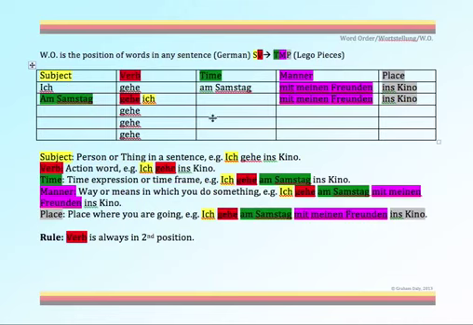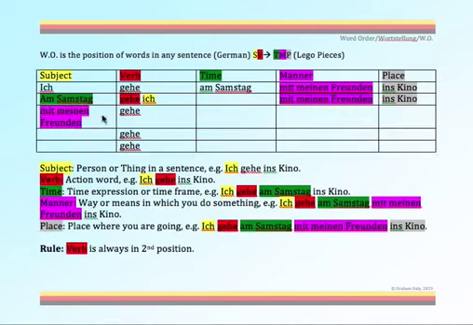Okay, so on the basis of that, time can go to the front, that's one piece that can move. But as I said, the manner and place can always move. Now, you can't move all of them at the same time. Only one can move at the same time, so only time goes at the start, or manner or place goes at the start. So let's have the sentence, but put manner at the start of the sentence.